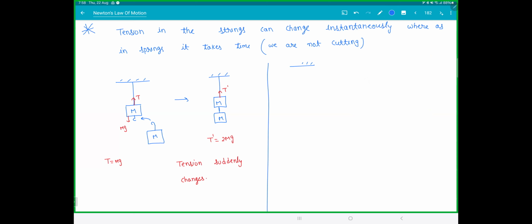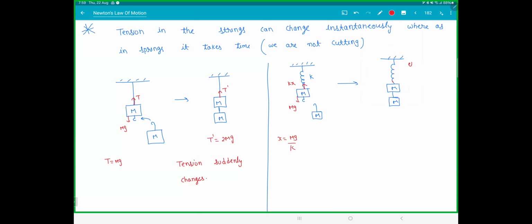But if you try to do the same thing with a spring, let's say you have a spring K and a block M, and you have a hook here and you try to put a block. Initially this would be Kx, this would be Mg, so x is equal to Mg by K. Now, if you put a block suddenly, the spring doesn't know, it will take time for the spring to stretch.